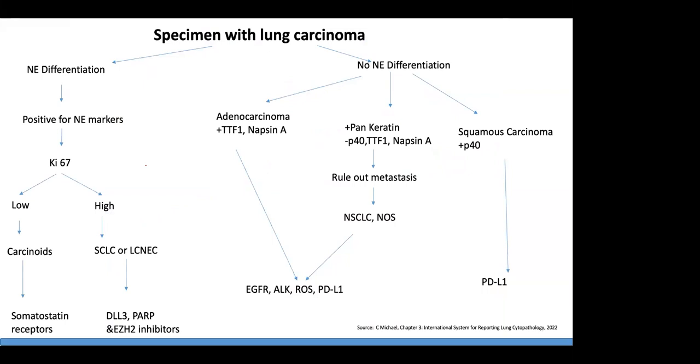Okay, if I have a specimen with lung cancer, I show you. If it is neuroendocrine, it's here. If it's non-neuroendocrine, it's here. If it is an adenocarcinoma, we need molecular studies. If it is a squamous carcinoma, we need at least PD-L1, which we also need in adenocarcinoma.